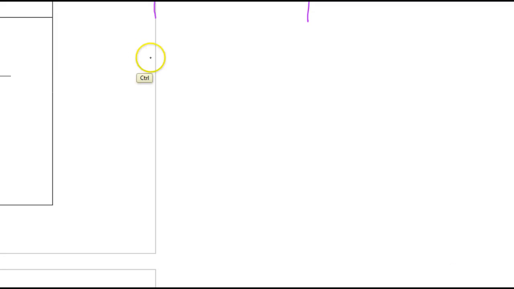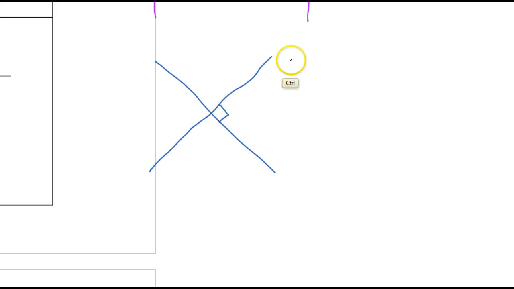Okay, so just real quick off to the side. If I have two lines that are perpendicular, first please understand that perpendicular lines form a 90-degree angle, so that's what perpendicular means. Let's say that this is line A and this is line B. Perpendicular lines have slopes that are opposite and reciprocal.